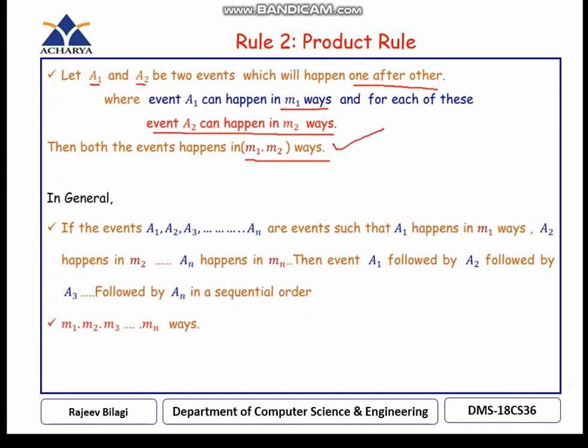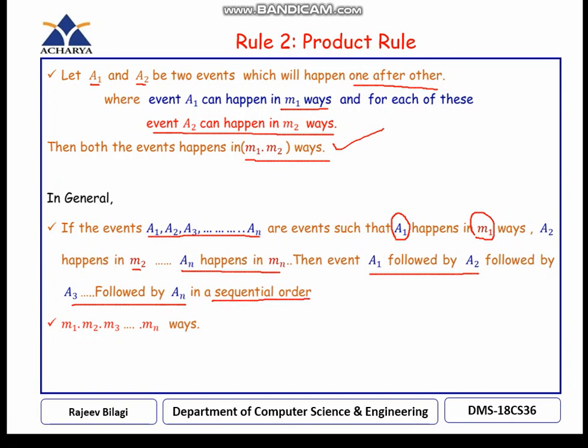In general, if A1, A2, A3 up to AN are different events such that A1 can happen in M1 ways, similarly A2 can happen in M2 ways, and in general AN can happen in Mn ways, then A1 is followed by A2, followed by A3, up to AN in a sequential order.